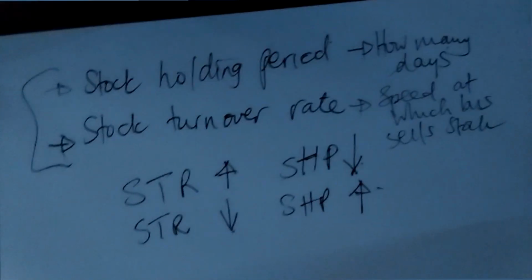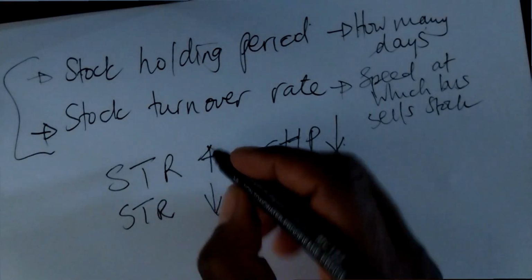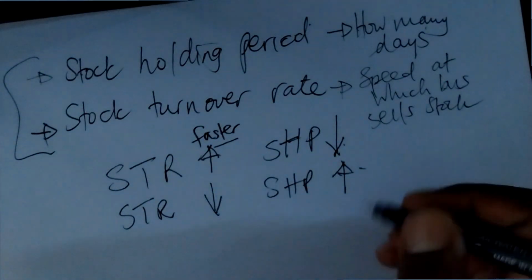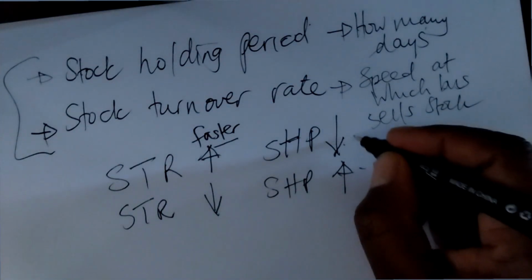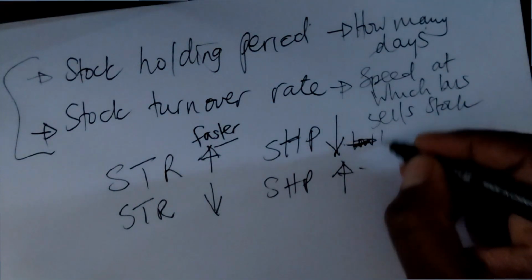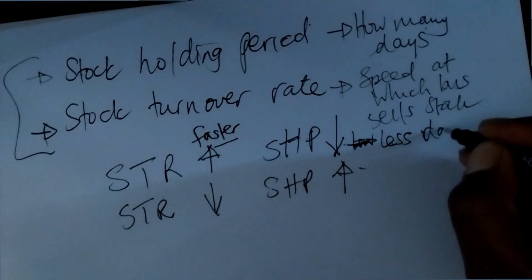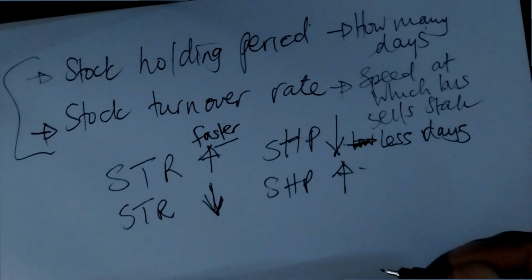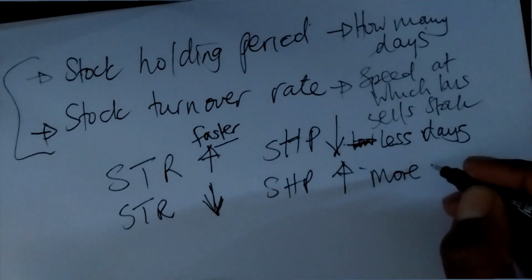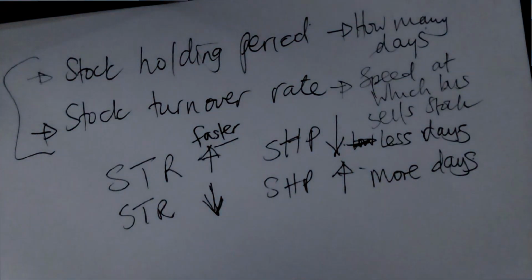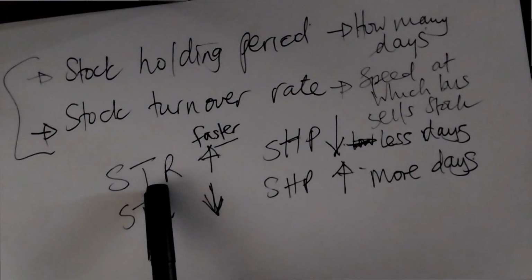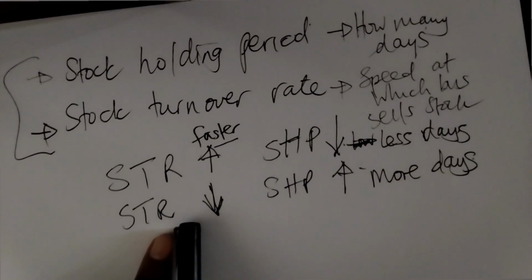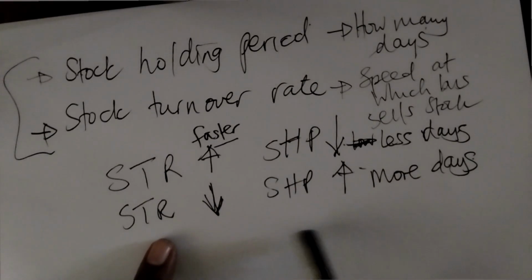What it means is that if the stock is being sold faster, you keep holding on to stock for fewer days. If stock is selling very slowly, you're going to hold on to stock for more days. So the faster you sell your stock, the fewer days you keep it. The slower you sell your stock, the more days you keep it.